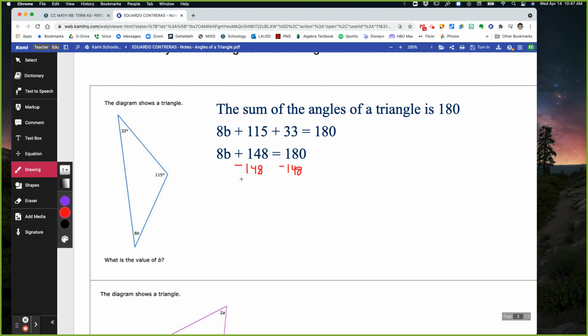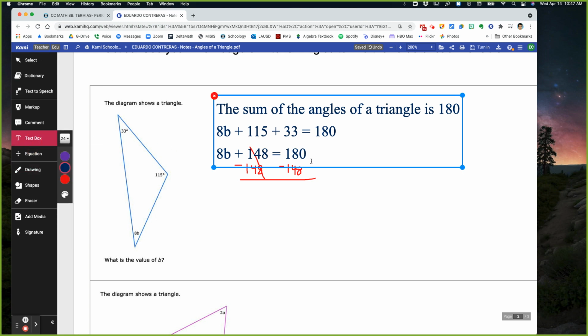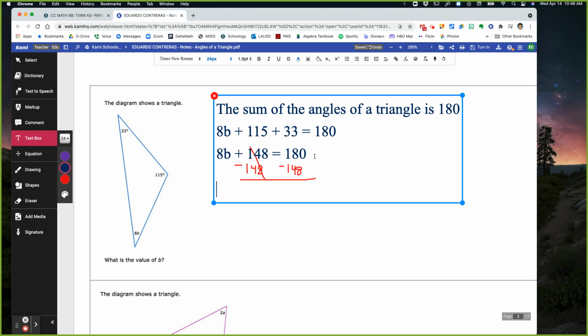Ooh, that's an ugly 8, but it'll do. So 148 and minus 148 will cancel. Let me go back to my text box. So now what I have is 8b equals 180 minus 148, which is 32.